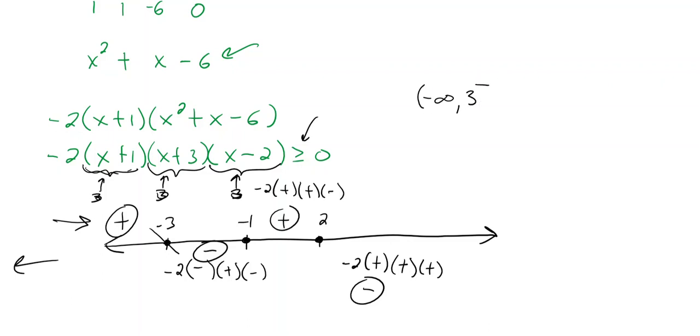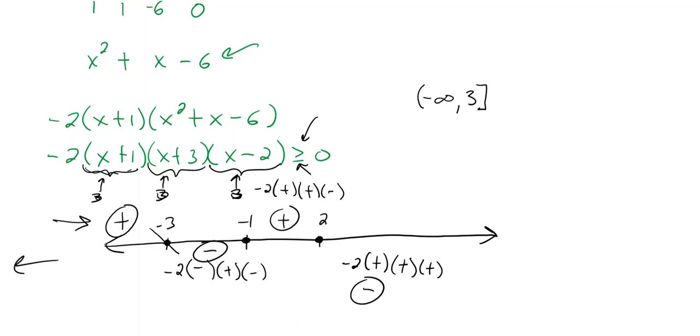Now the question is, do I use a square bracket or a round bracket? It really depends on whether it's greater than or equal to, or just greater than. If it was just greater than, then it wouldn't include -3, and you would use a round bracket. But since it's greater than or equal to, the way we show that it's equal to -3 as well is with a square bracket.